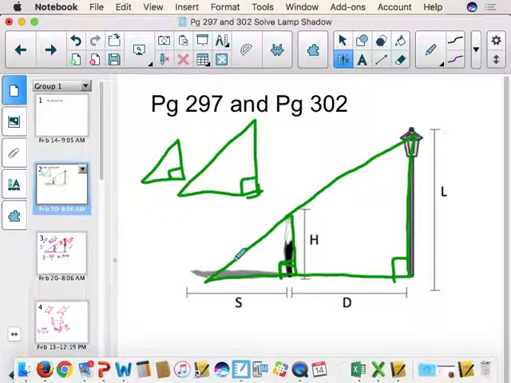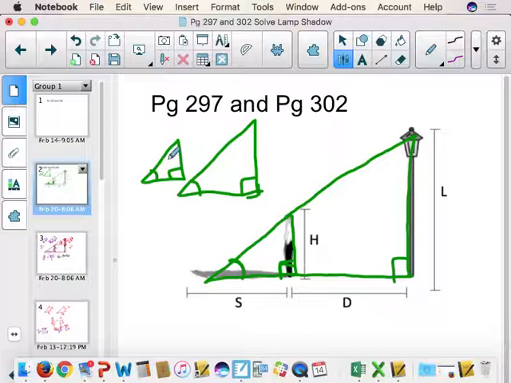Fantastic. This angle down here in the corner would be the exact same angle, because if I picked up the little triangle, I could place it in the big triangle so that they are the exact same angle in both of these. So yes, we do have angle-angle similarity here.